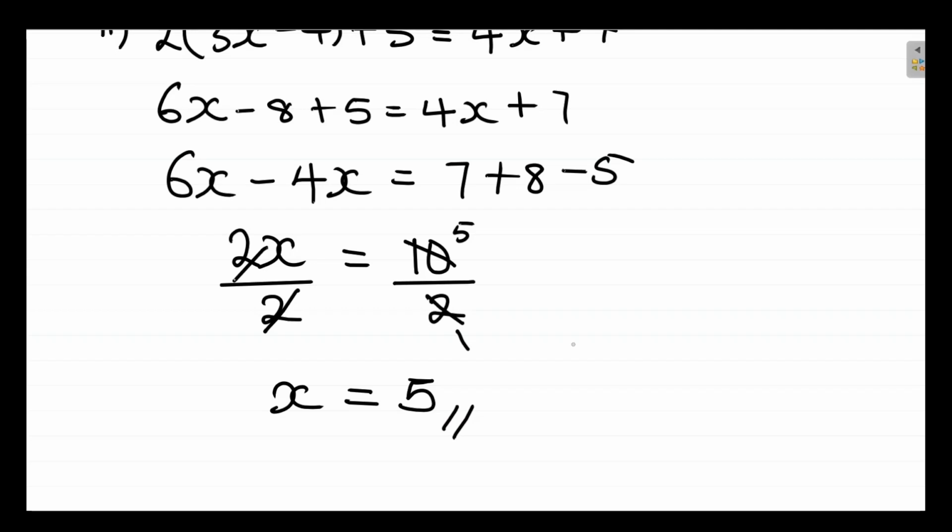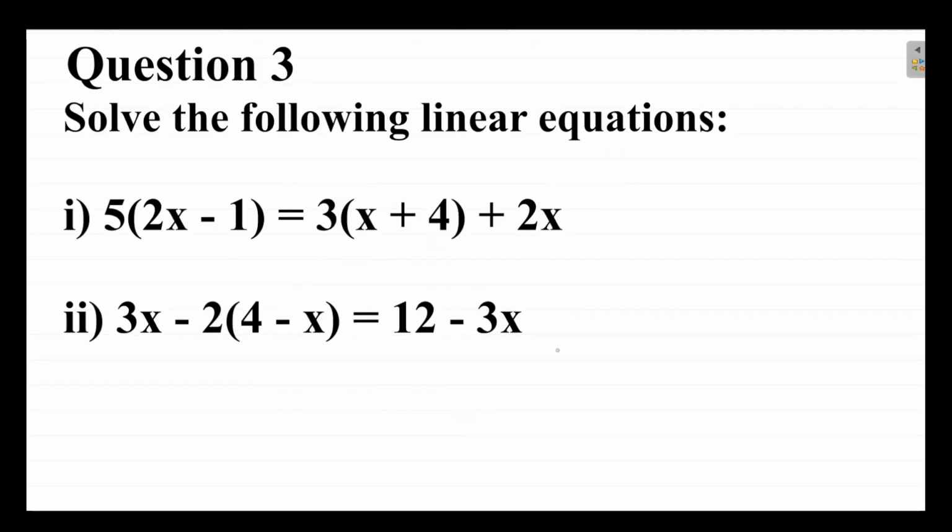Let's solve the next question. Now question 3 says 5 multiplied by (2x - 1) is equal to 3 multiplied by (x + 4) plus 2x. And 3ii says 3x minus 2 multiplied by (4 - x) equal to 12 minus 3x.